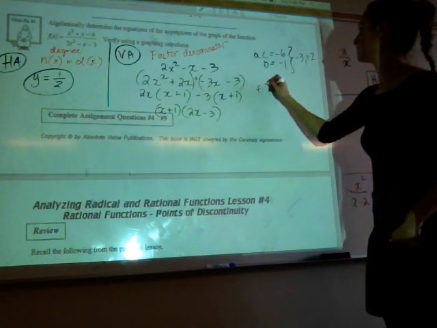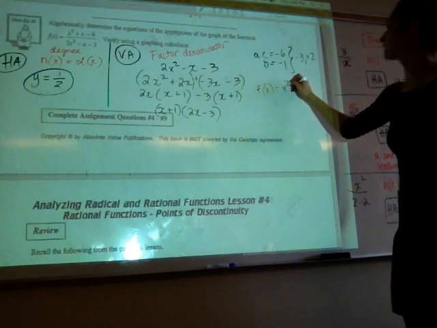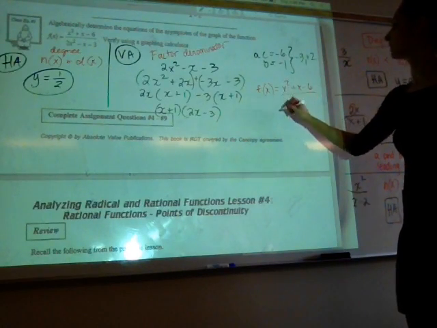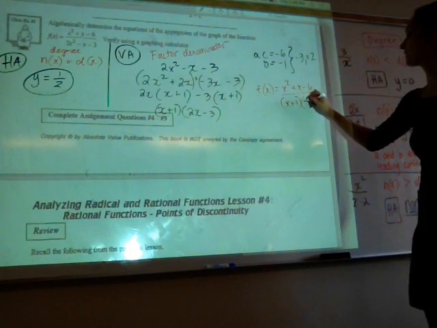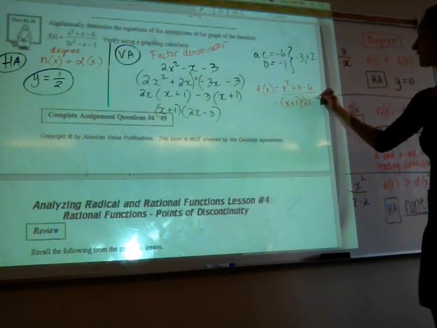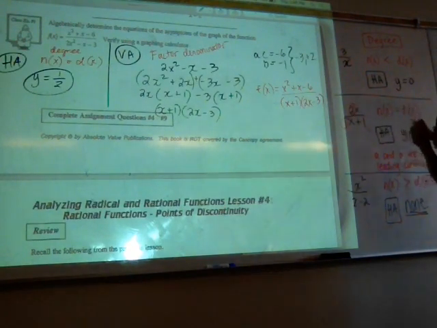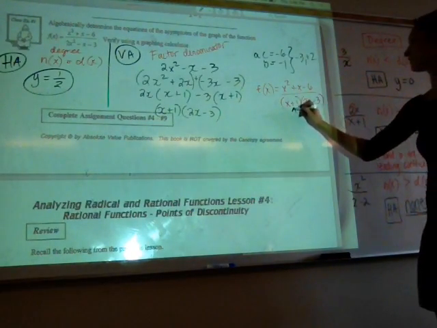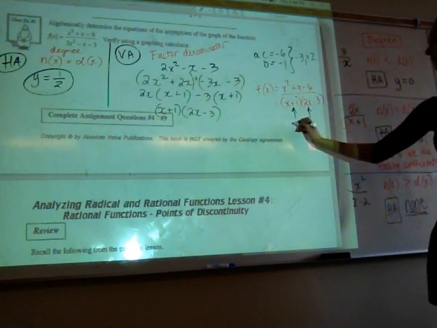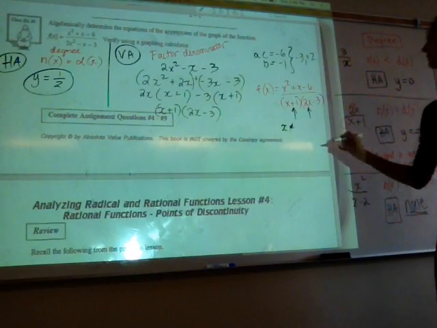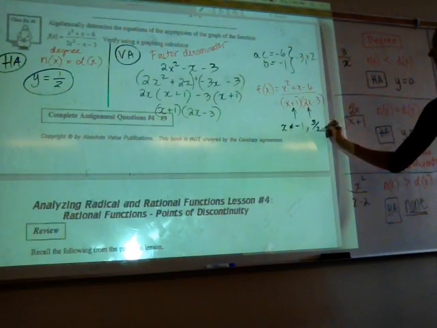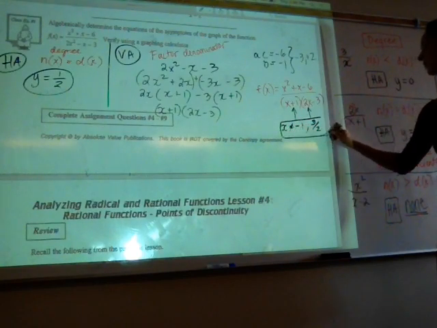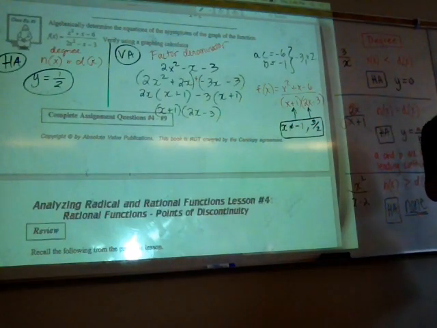So if our function is x squared plus x minus 6 all over our factored denominator, x plus 1 times 2x minus 3, we get our vertical asymptotes from the restrictions on the denominator. Okay, what can x not equal? -1 and 3 over 2. So are those my vertical asymptotes?